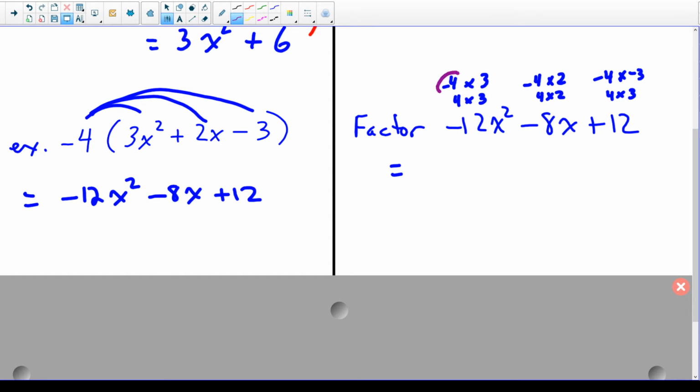I'm going to follow the same pattern that I followed above. So if I take the negative 4 out in front, what is going to be my leftover? My leftover is going to be a 3 and the x squared, because I didn't touch the x squared. My leftover here is going to be a plus 2 and an x.